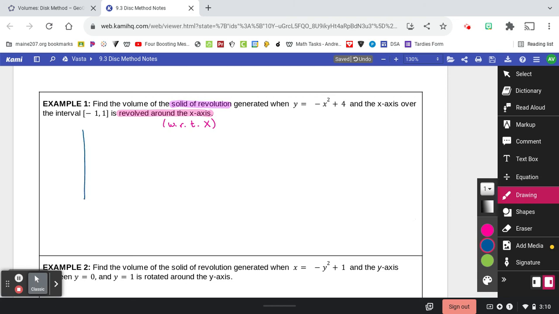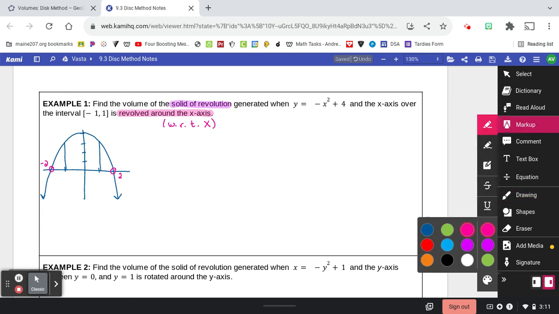So in this problem, I'm revolving a parabola that's been flipped vertically and shifted up 4 spaces, which means it looks like this. And I'm going from -1 to 1. Now, I happen to know that this parabola is going to touch the x-axis at 2 and -2. And so the area between -1 and 1 would just be this area right here.